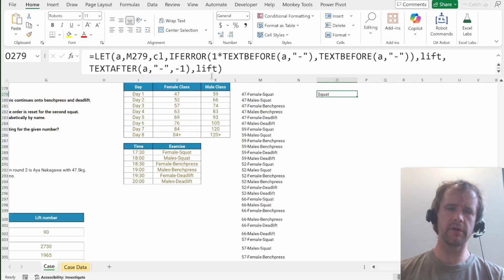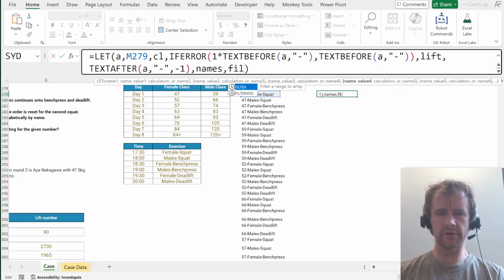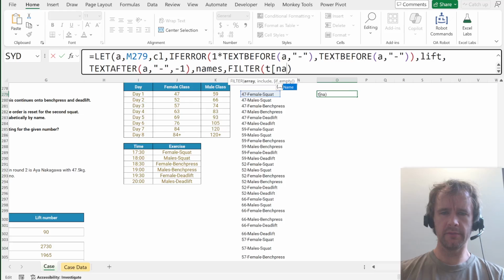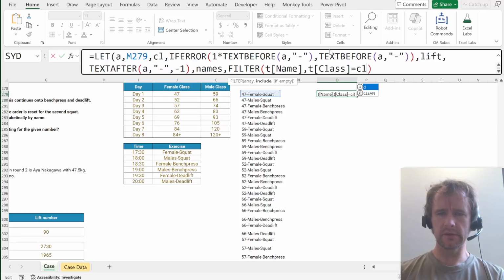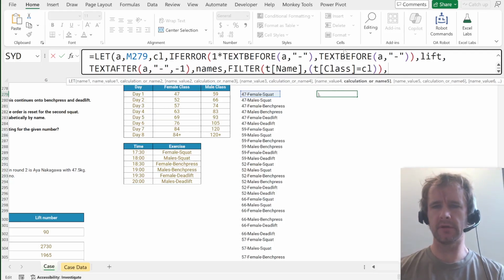Okay, so then names can be filter T name, where T class, not country, T class equals CL. That's it. Yep. Then lifts.